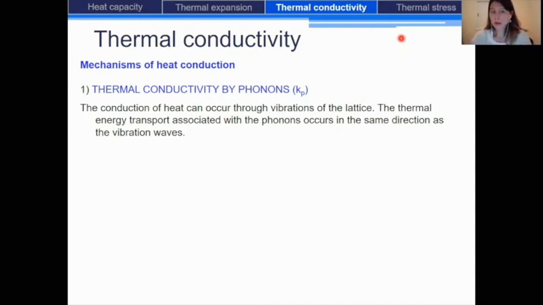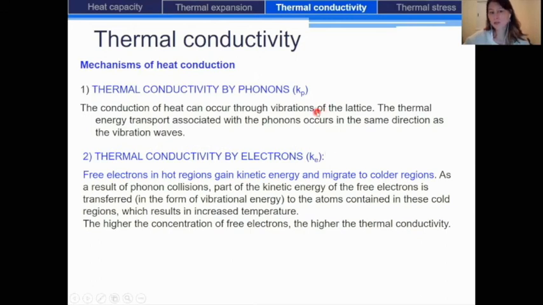And so a part of the thermal conductivity is due to the movement of these phonons, of this quantum of energy, from the high to low temperature regions in the material. So the thermal conductivity by phonons is written Kp.